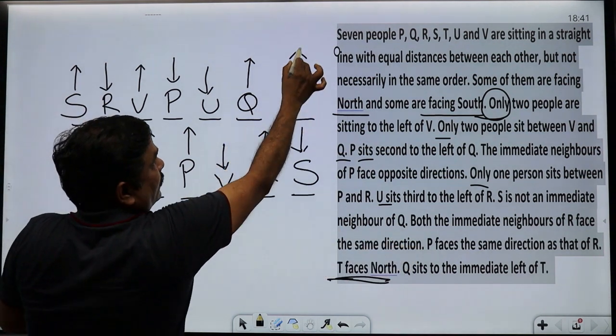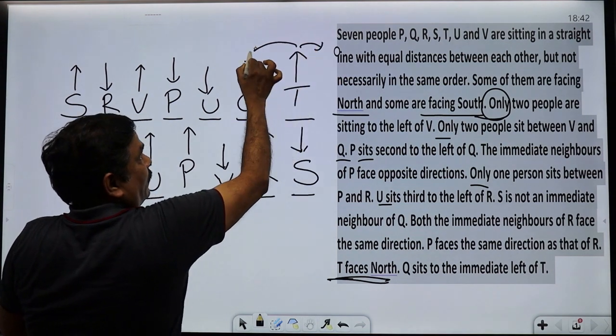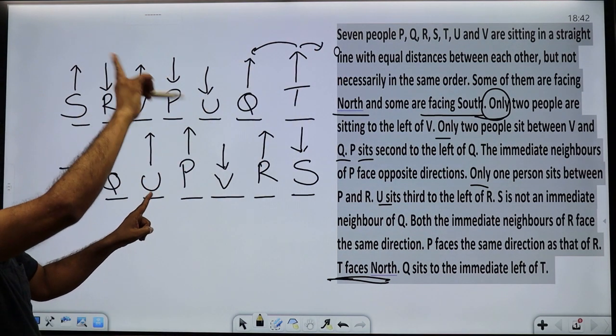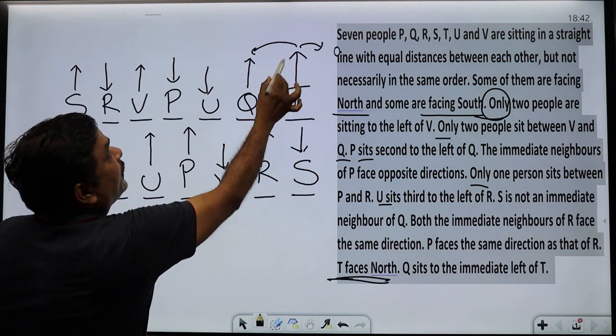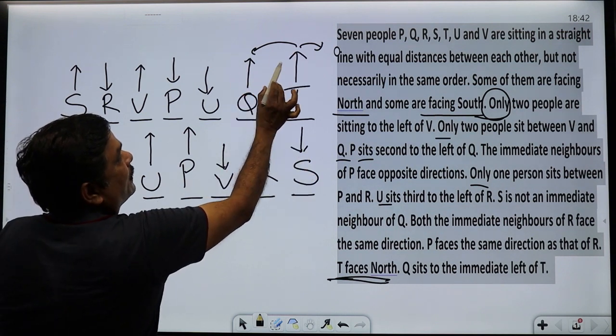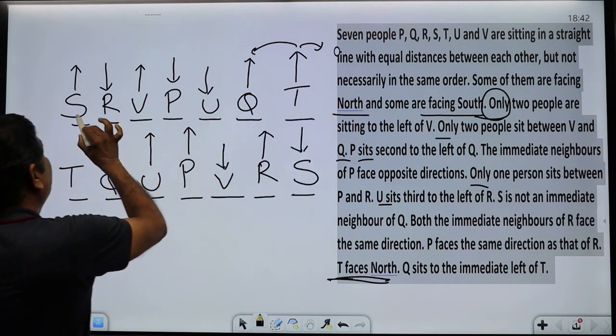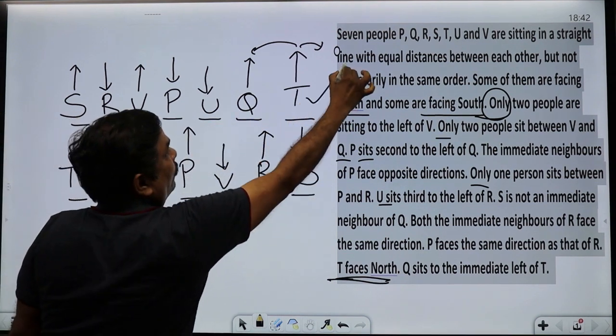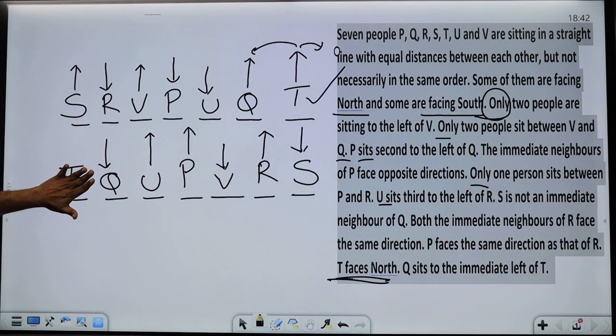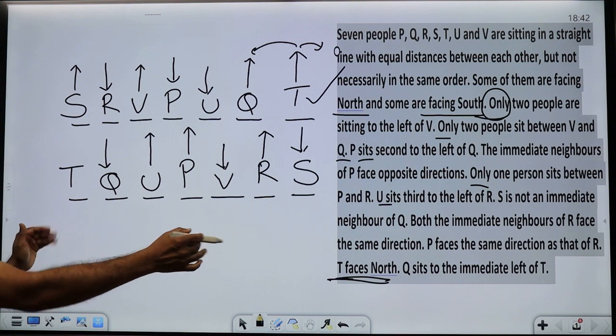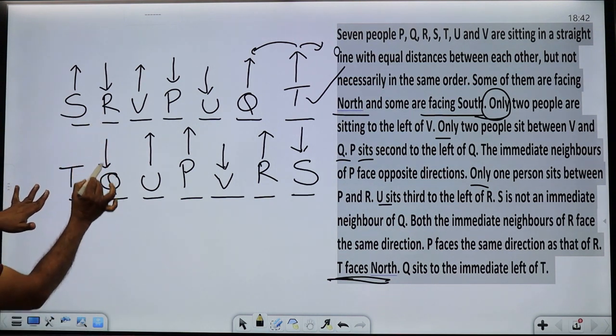When T is here, this is the right side, this is the left side, because T is facing north. So Q sits immediate left of T here. Yes, absolutely right. This possibility is right. What about this possibility here? Q sits immediate left of T, but Q is facing south.